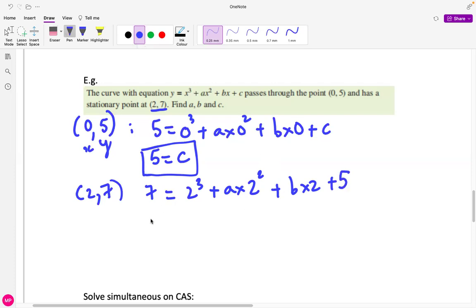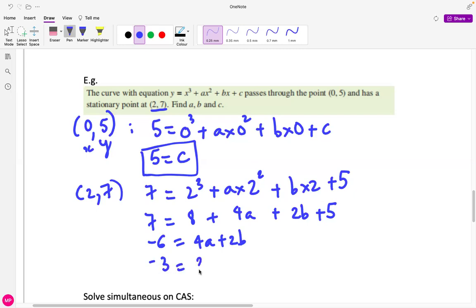Okay, so 2 cubed is 8, 2 squared is 4, so 4a plus 2b plus 5. Now 7 minus 8, sorry, is -1. -1 minus 5 is -6. So I have -6 equals 4a plus 2b. Or you can write -3 equals 2a plus b if you divide everything by 2. So you have that.